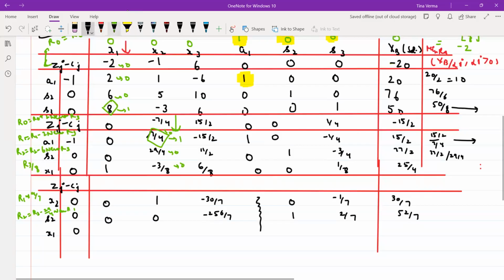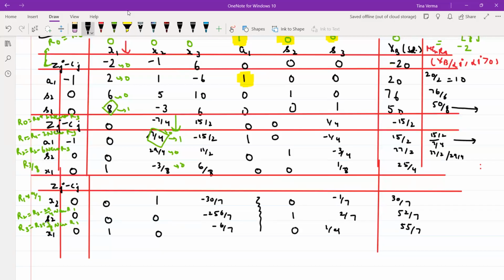And R3 will be R3 plus 3 by 8 times your new R1. So you can make these entries. This will be 0. This will be 1, 0, and this will become minus 6 by 7, this is 0, this is 1 by 4, and this will become 55 by 7.